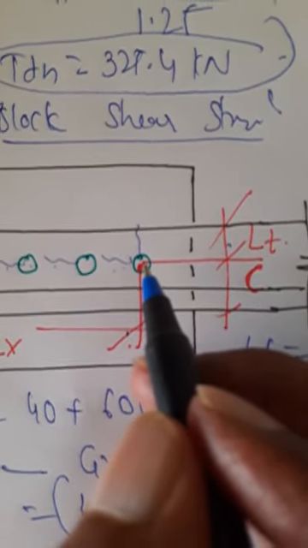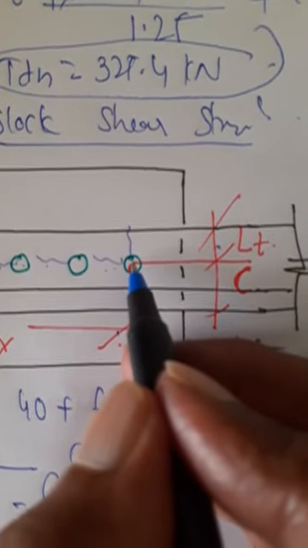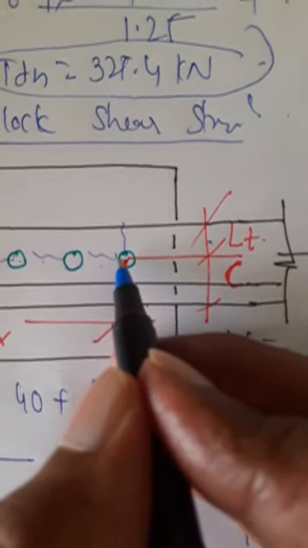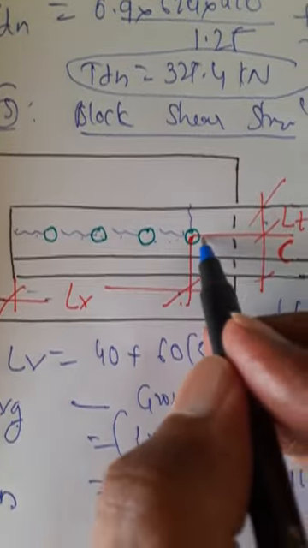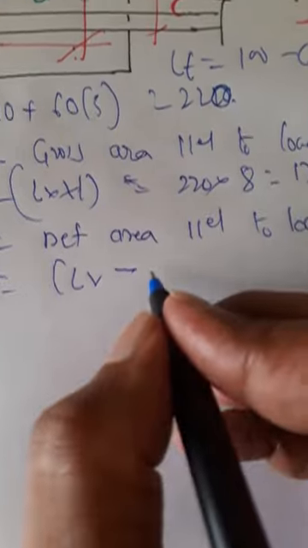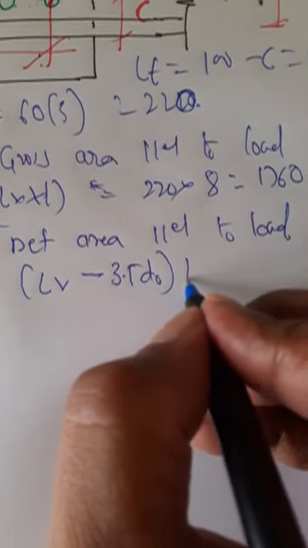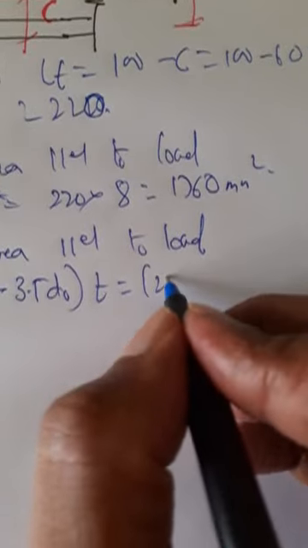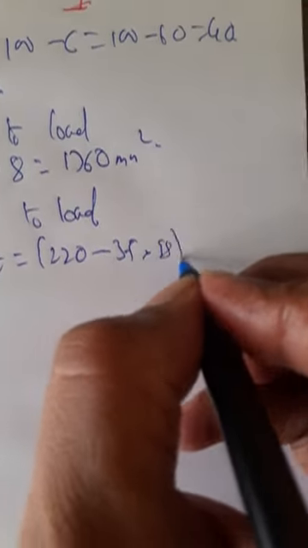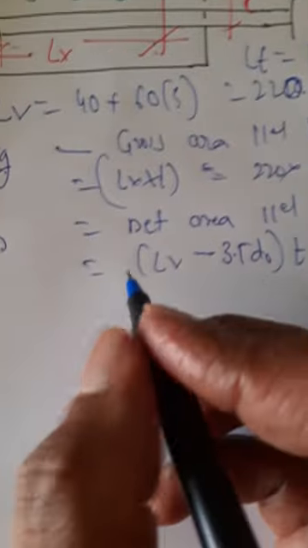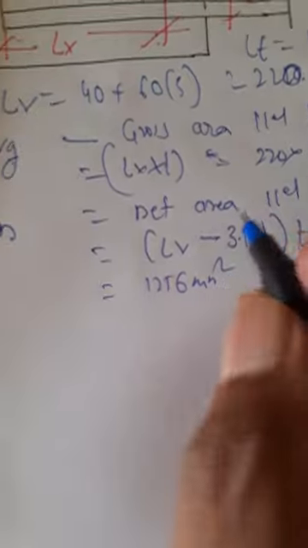As I said many times, all the distances are measured from the bolt hole center, so I have to subtract this half dia. So 1, 2, 3 and a half, 3.5, minus 3.5 into d naught into t. So 220 minus 3.5 into 18 into 8. So I have the answer 1256 mm square.